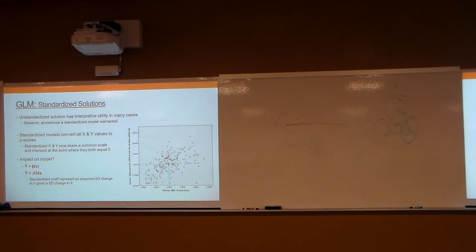Standard deviations, because we're using Z-scores. So how I would interpret this is: a standard deviation increase in repression is expected to produce about a half standard deviation increase in PTSD scores. So the form doesn't change; it's just what we're using as the unit that changes.